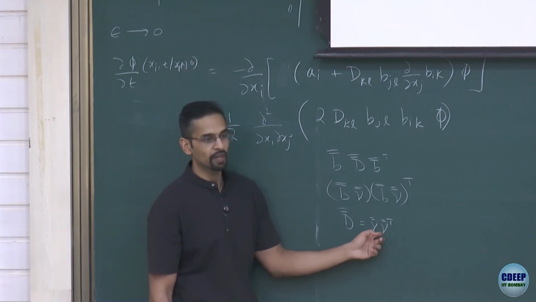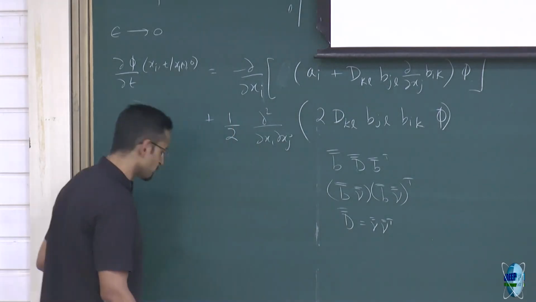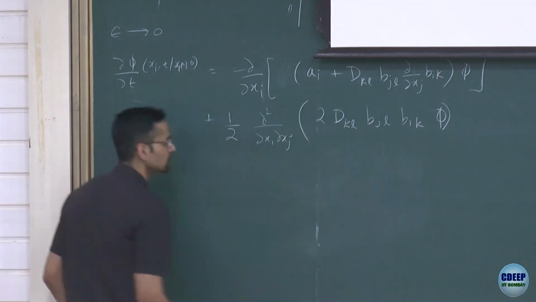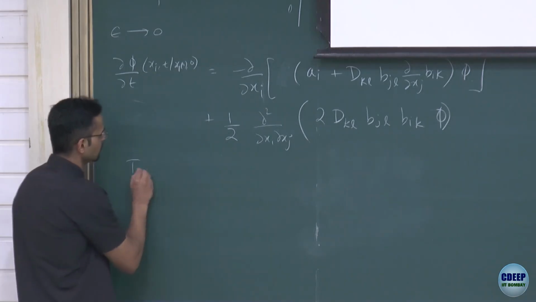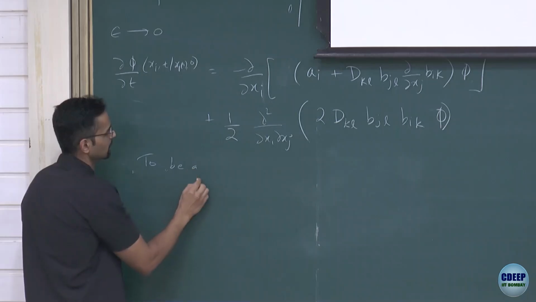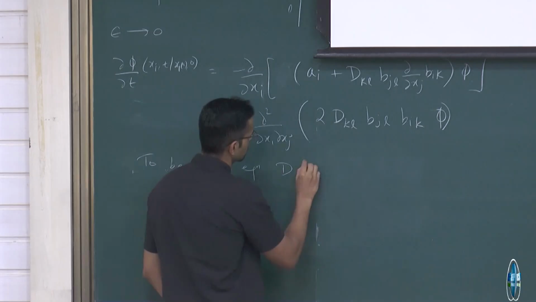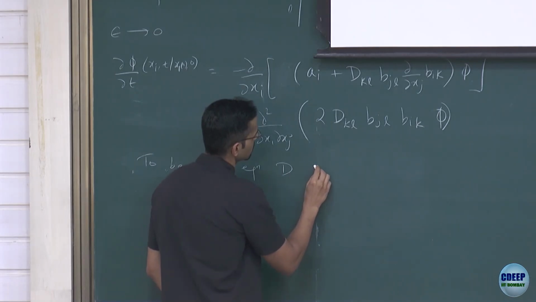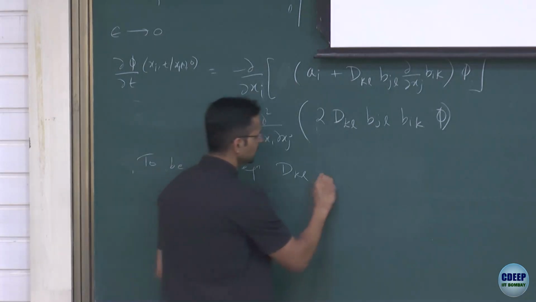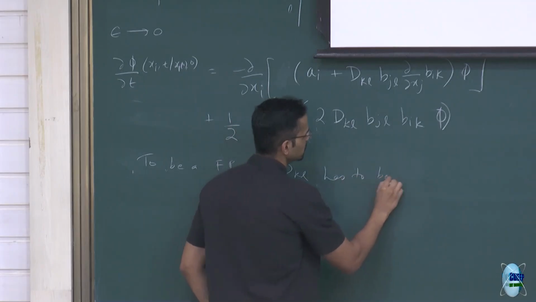If this is true, D would be symmetric. So you can only take a square root of a matrix if it is symmetric. So, to be a Fokker-Planck equation, D_kl has to be symmetric.